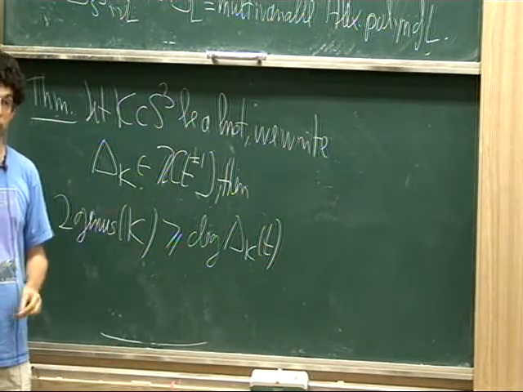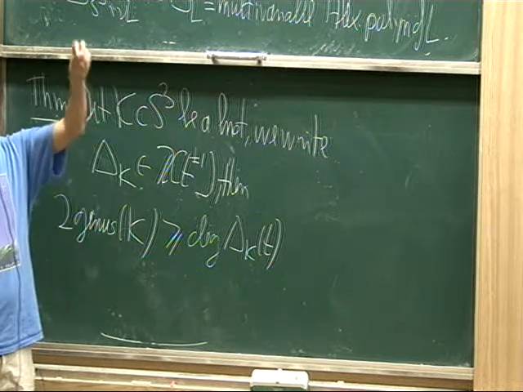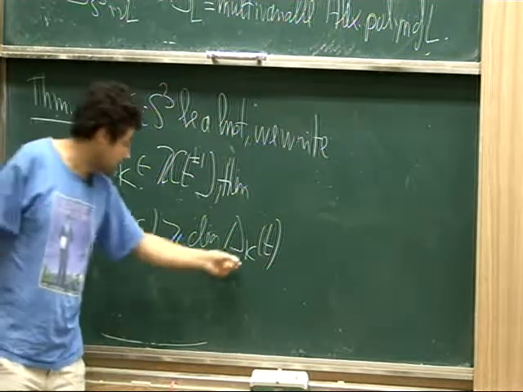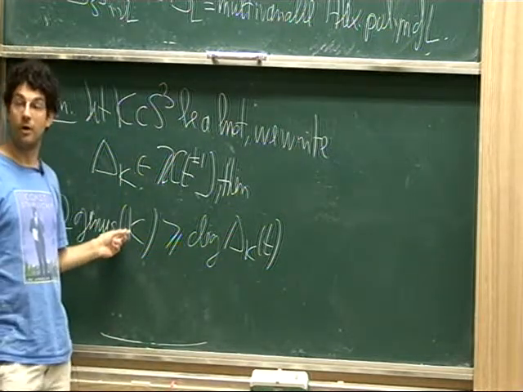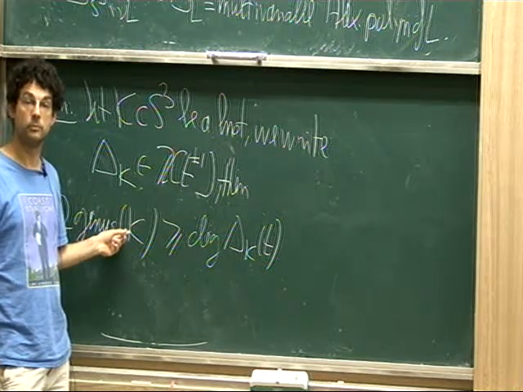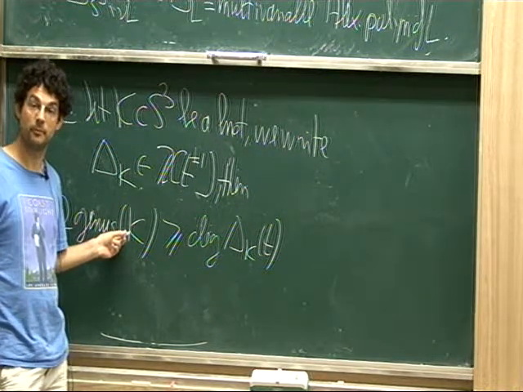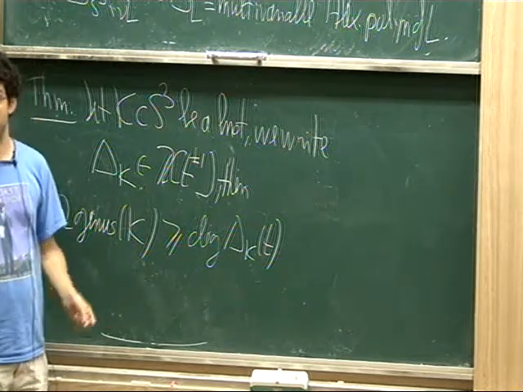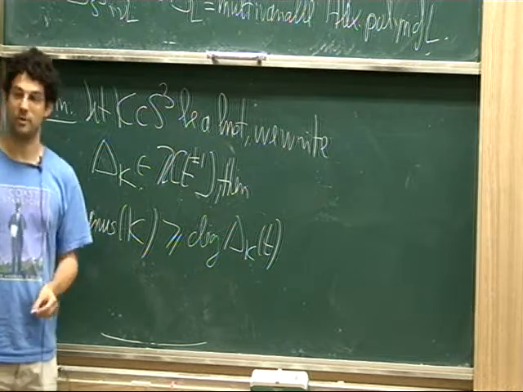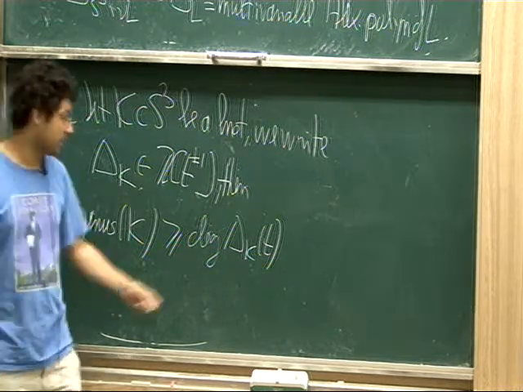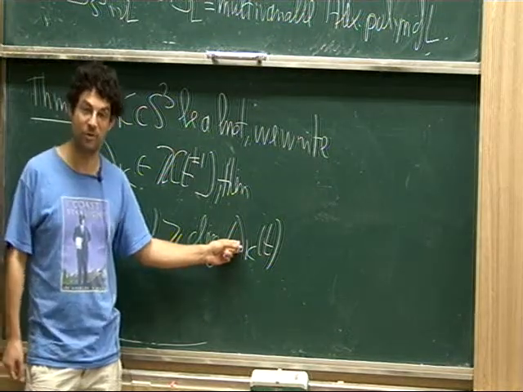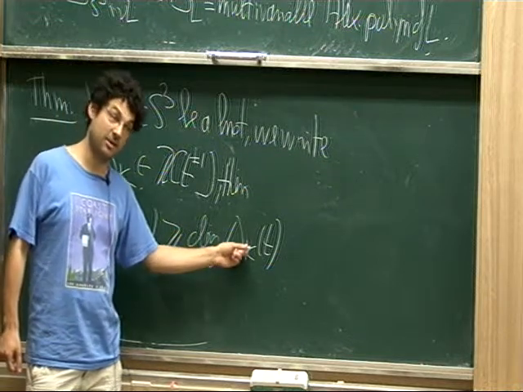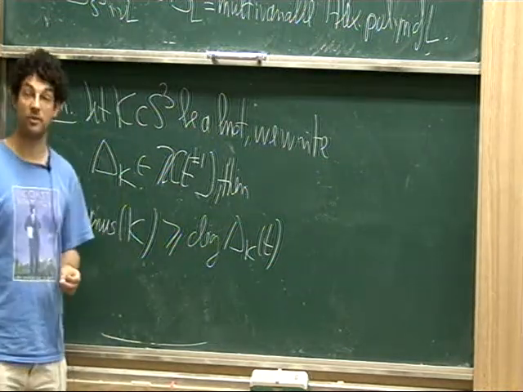You look at the Alexander polynomial, and by degree I mean the difference between the highest non-trivial coefficient and the lowest non-trivial coefficient, and its degree gives you at least a lower bound on the genus. So, better than nothing. The proof is not so terribly hard. Perhaps the easiest is if you switch to a different definition of the Alexander polynomial. For example, you can determine the Alexander polynomial in terms of Seifert matrices, which again come from Seifert surfaces, and then it's very simple to see that that's a lower bound on the genus.